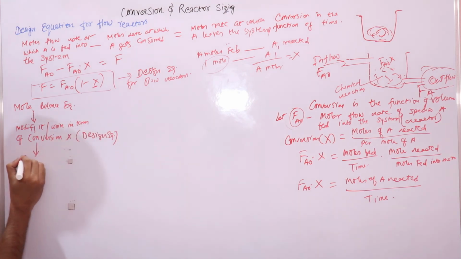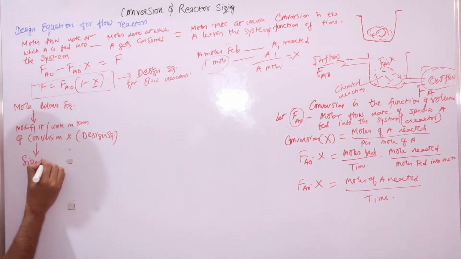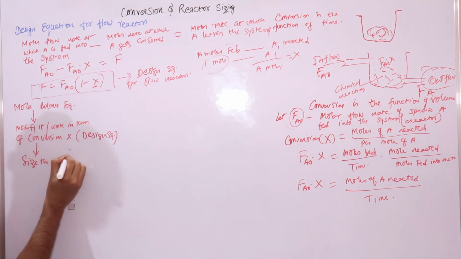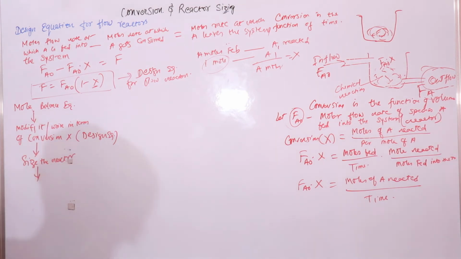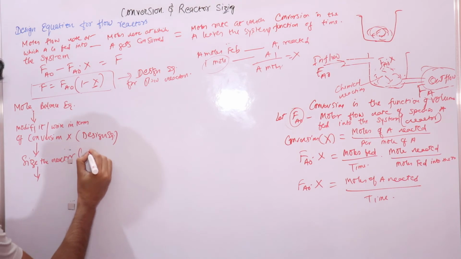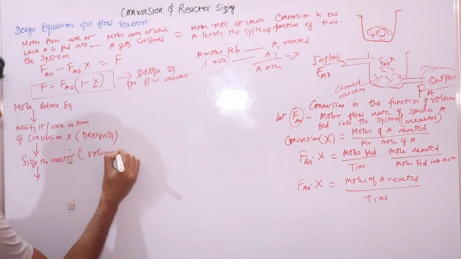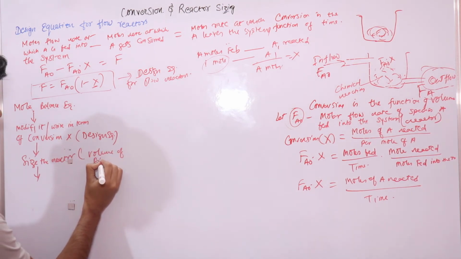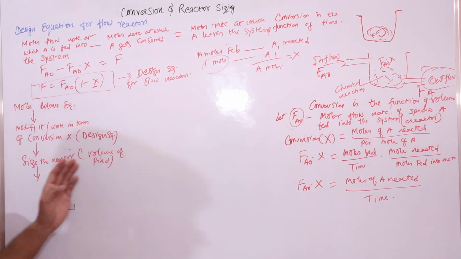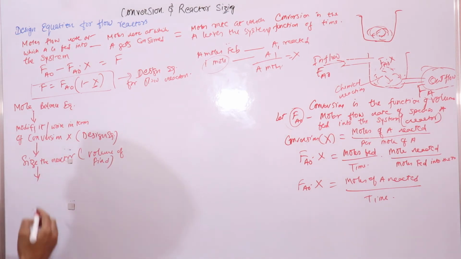Once you have the design equation, you can size the reactor. By sizing the reactor, we mean we can find the volume of the reactor. Sizing the reactor means finding the volume of the reactor.